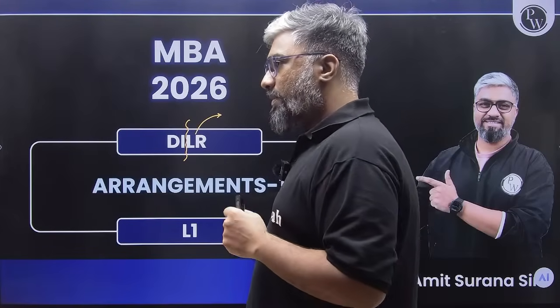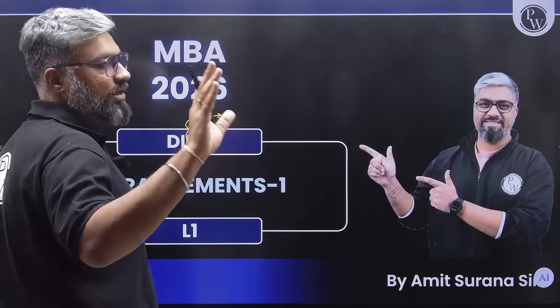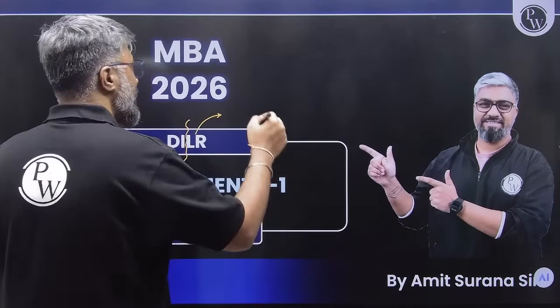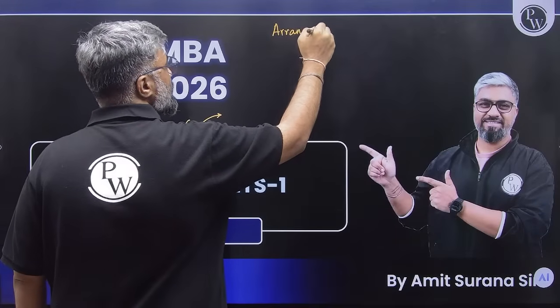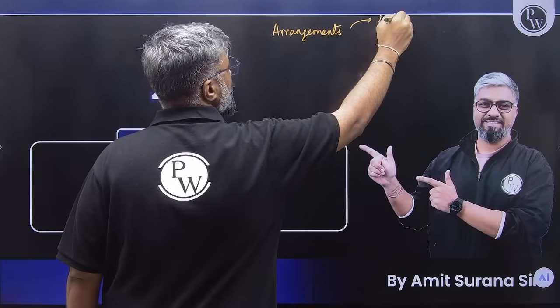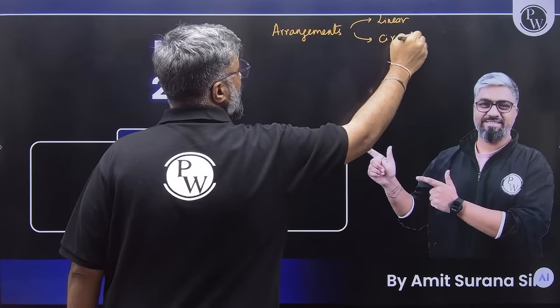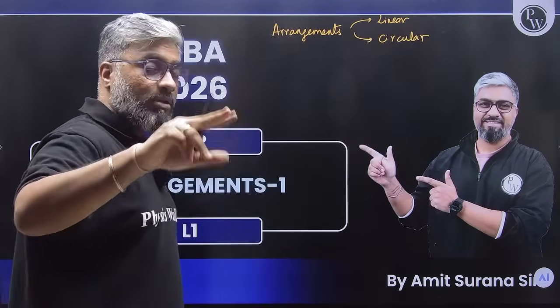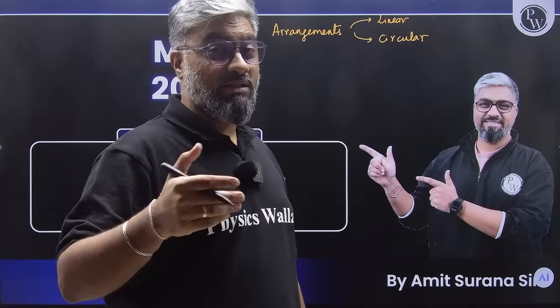Perfect, beautiful. So some very important topics that we are going to cover in the logical reasoning part. We're going to start with arrangements. In arrangements, we are going to see both linear as well as circular. To understand circular arrangements, you have to be comfortable with linear arrangements because it's a step up.